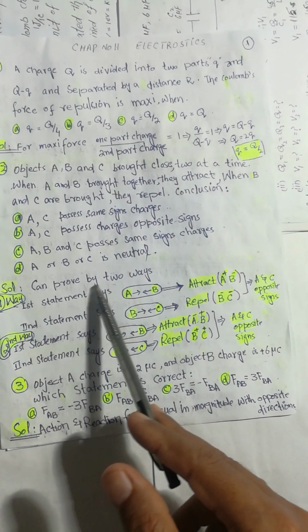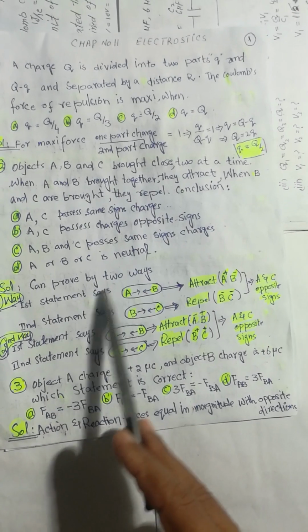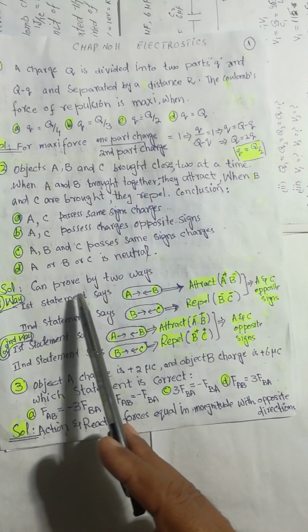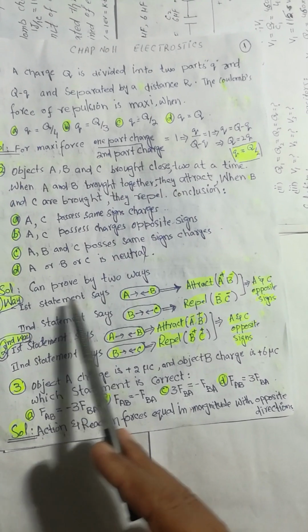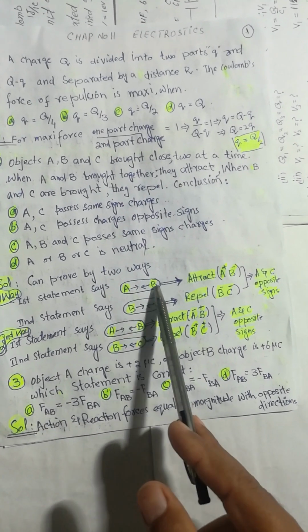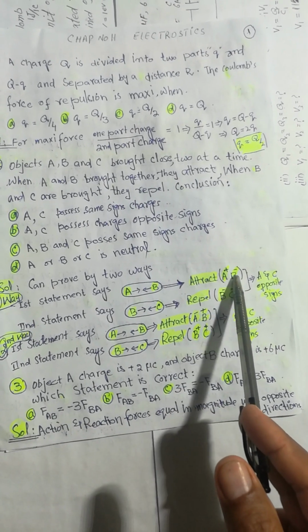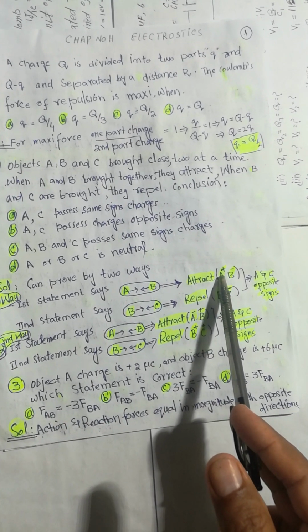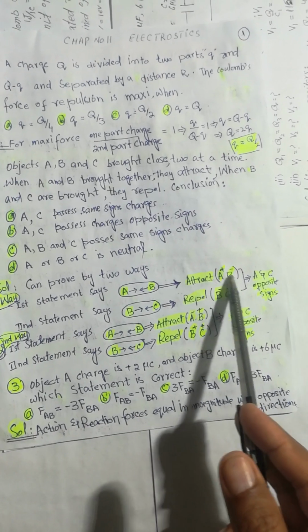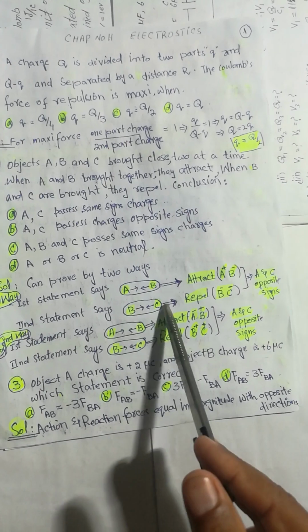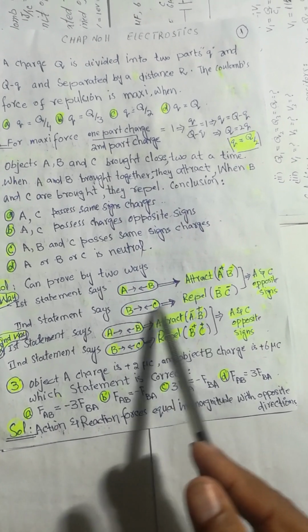So this can be shown in two ways. Which option is the correct one? According to the first statement, A and B are brought together and they attract. Attract means that both the bodies have opposite charges. A is plus, B is minus. And the second statement says that B and C are brought together, they repel.